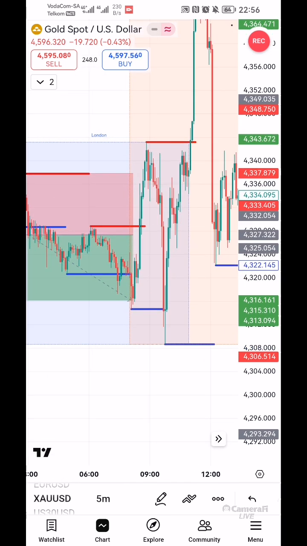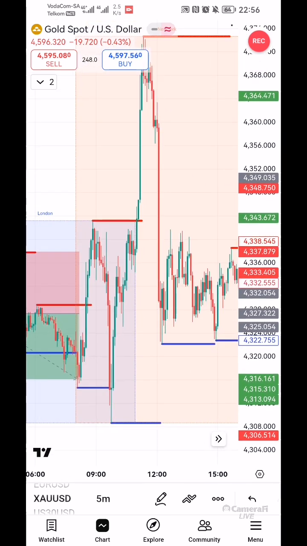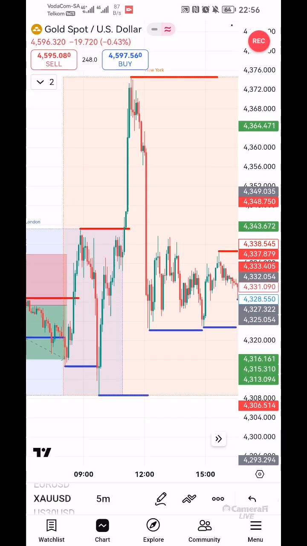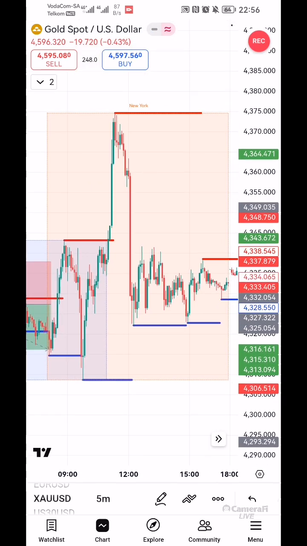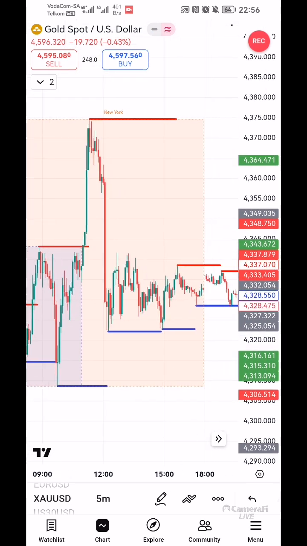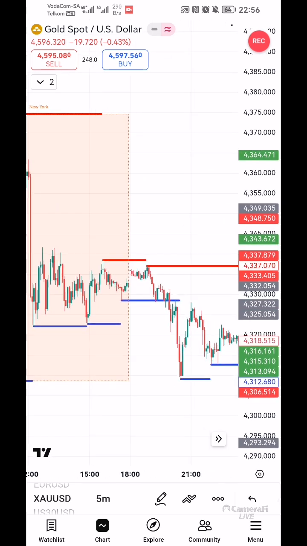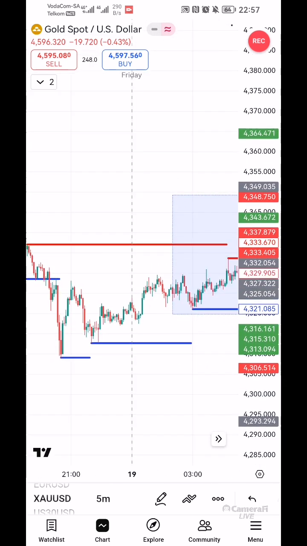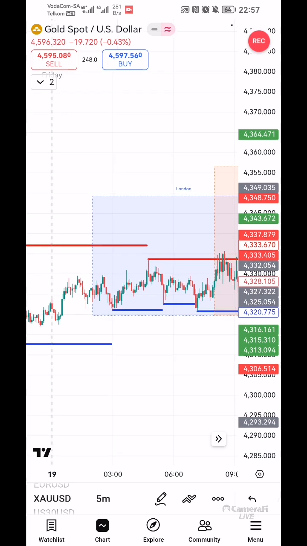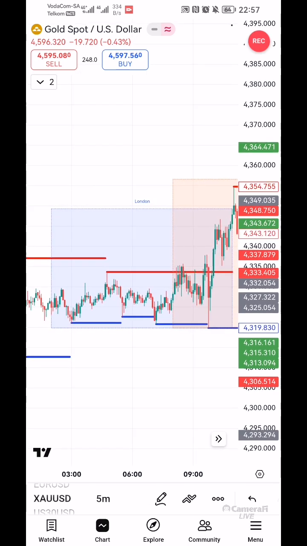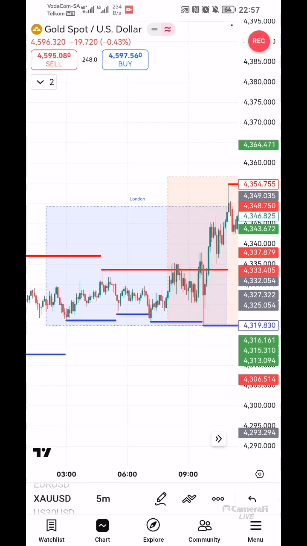Make sure you backtest this strategy on your own so that you can maybe tweak the rules to your liking and trade the way you want. But the only thing I'm showing you here is how many times you are going to hit take profit compared to how many times you're gonna hit stop losses, obviously.